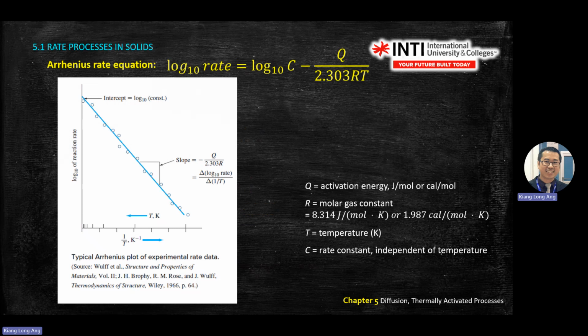Right. So this is how normal experiment data will be given to you, or how you plot experiment data. On the left is log 10 reaction time or reaction rate. X-axis is 1 over T. So the slope will be minus Q divided by 2.3 R. You will intersect at log 10 of the constant.